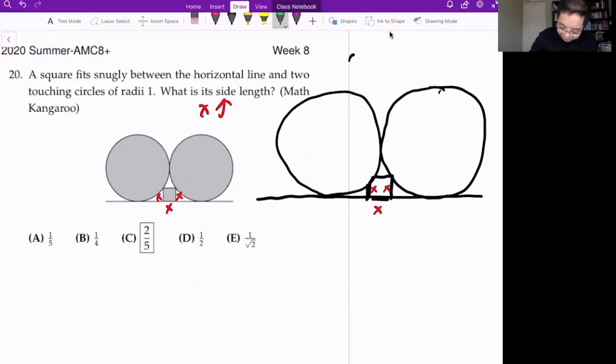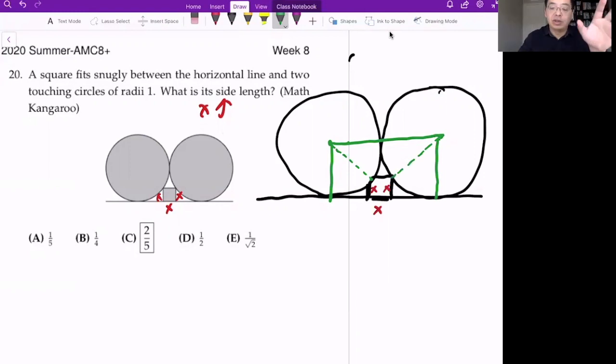So here we have 2 centers, we connect them, and then we connect with the tangent point with the ground. And then we connect with the corner, the touching point. In order to set up the equation, at least I like to express all those line segments in the figure by using the variable x I just introduced.